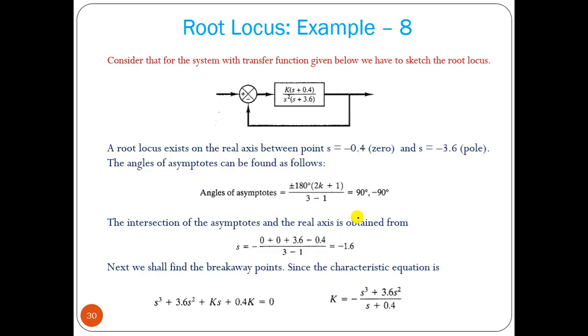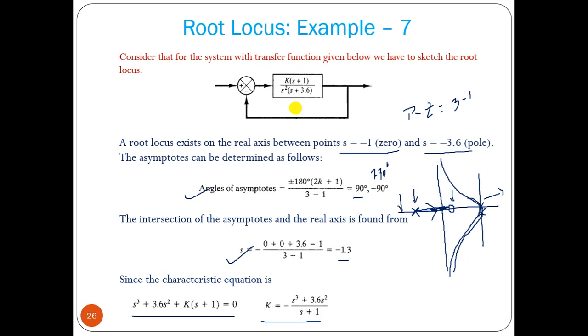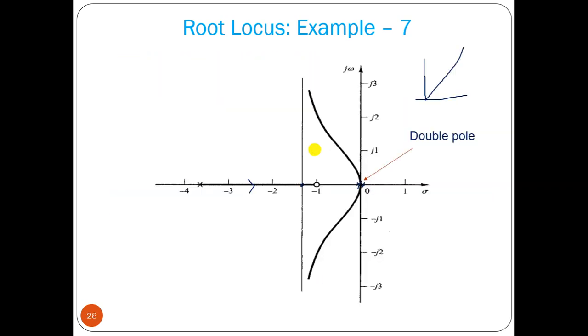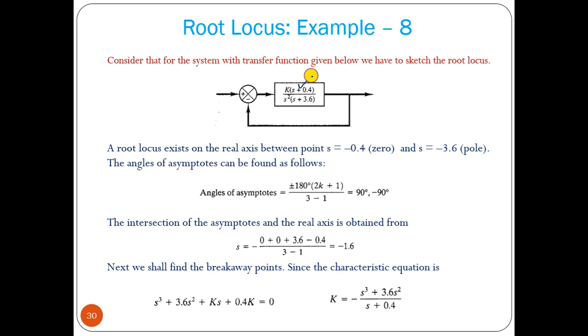Now another problem. What I did is, in the previous problem we had s plus 1, now here it is changed to s plus 0.4. So here the zero location is minus 0.4, a pole at minus 0.36, and two poles at 0.